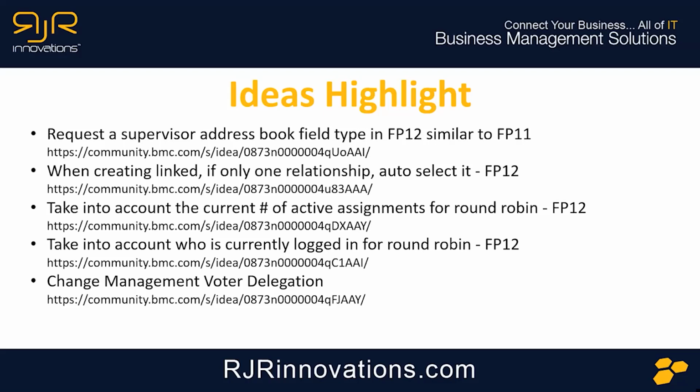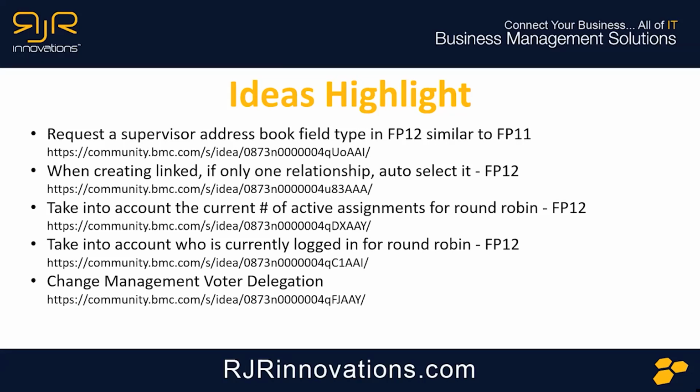The first one is about taking into account the number of ticket assignments already assigned. I'll use our internal service desk team here. So there's myself, there's Layla, there's Adam, there's Andy, and there's Ron. And let's say, I'll keep it simple, we all have 5 tickets and Layla has 20 tickets.